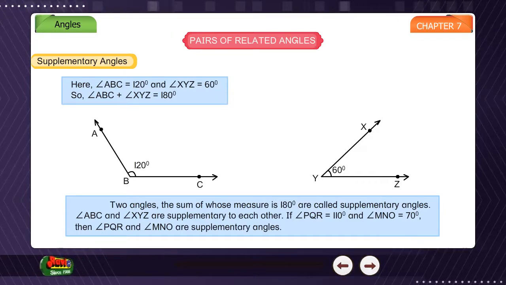Angle ABC and angle XYZ are supplementary to each other. If angle PQR is equal to 110 degrees and angle MNO is equal to 70 degrees, then angle PQR and angle MNO are supplementary angles.